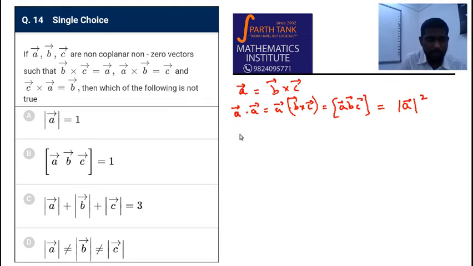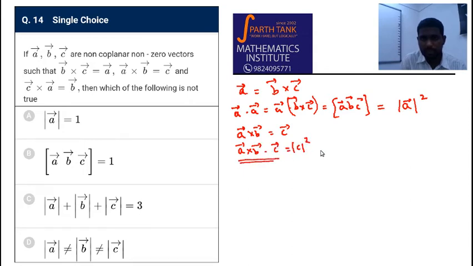The same way, if you take the next one, that is, for example, A cross B is C, and take a dot product with C on both sides, this becomes the box ABC. And you can show the same for B also. So what we have achieved is mod of A is equal to square root of ABC.